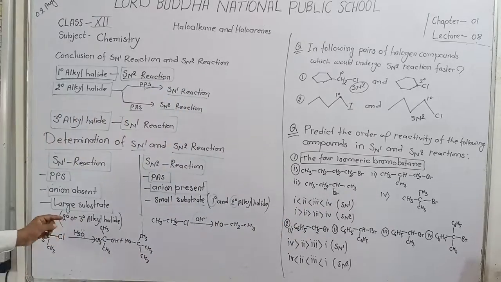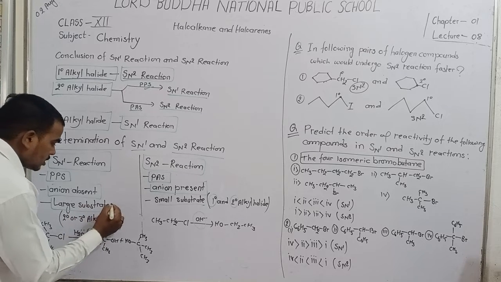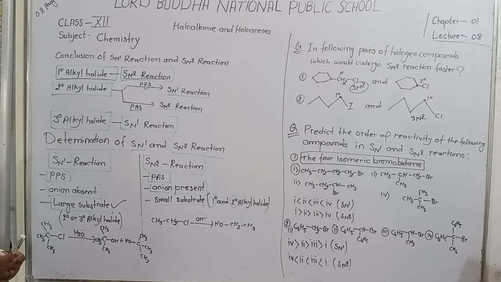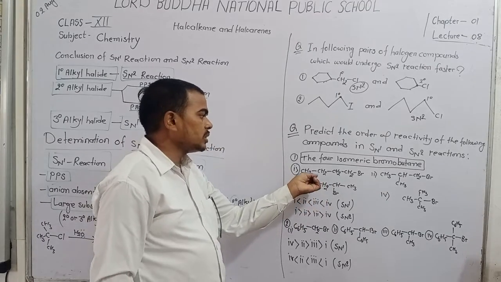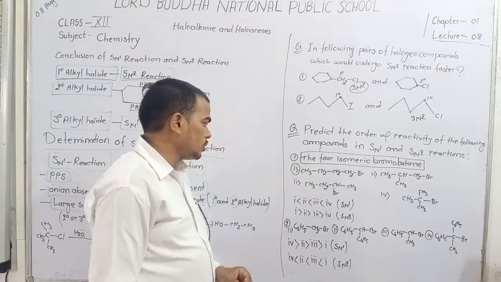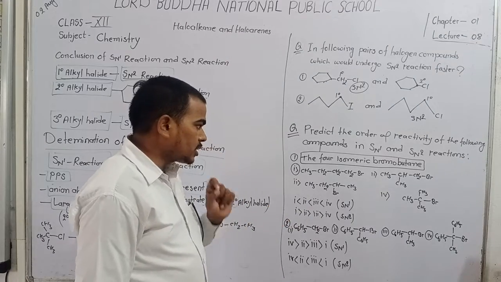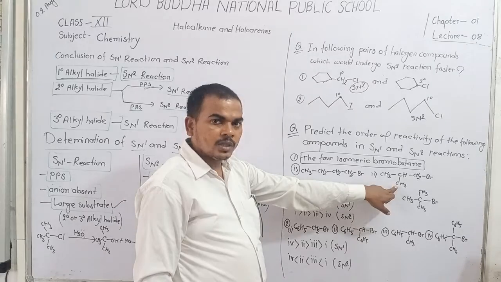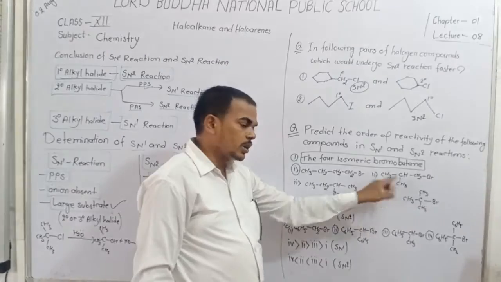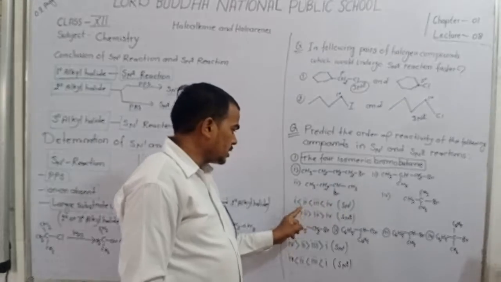It is because a 1 degree alkyl halide is less favorable for SN1 reaction, because here a larger substrate is required. This is the smaller substrate because it has fewer side chains or alkyl groups, so it is less reactive as compared to here. Here one side chain is present, meaning they are larger as compared to this, so it is more reactive for SN1.